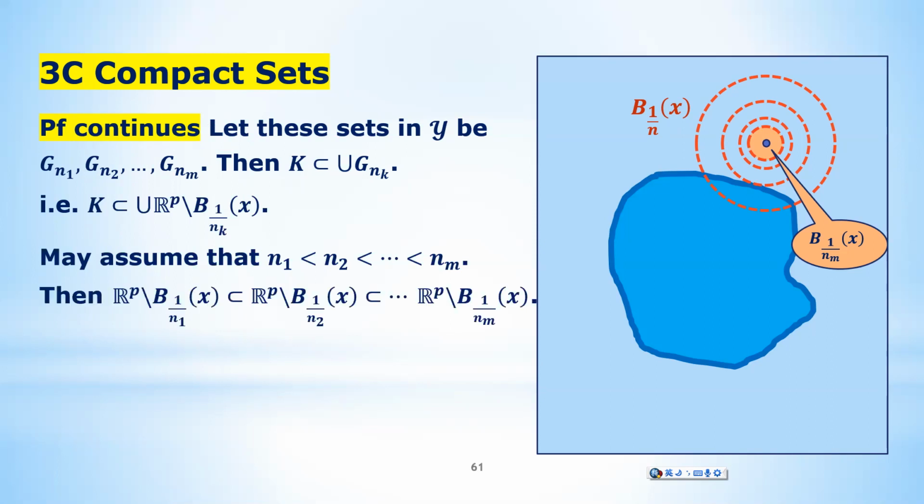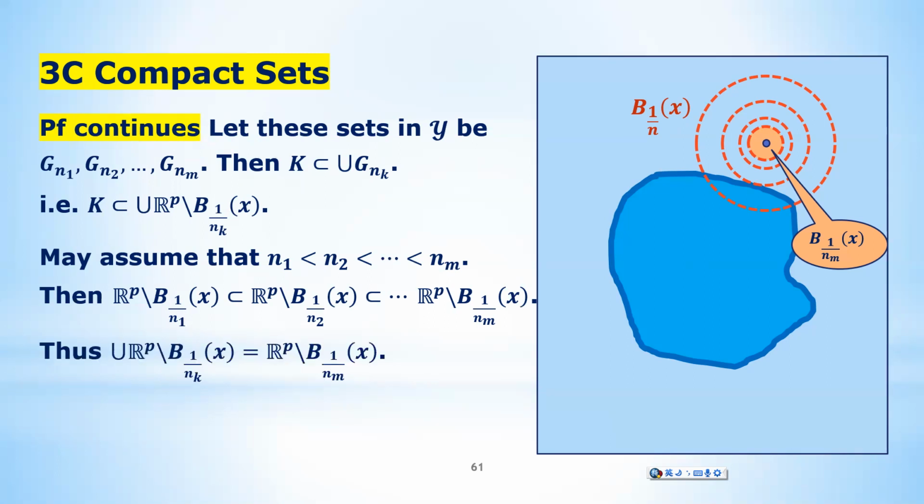Then if you look at the complements of these small balls, they get greater and greater: the first one contains the second one, then the second contains the third, eventually contains the last one. The last one carries the smallest ball, so its complement is the largest.